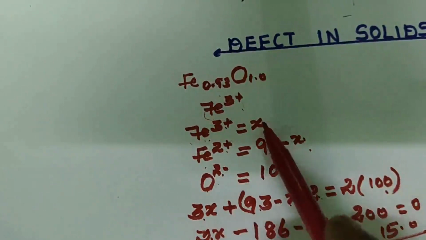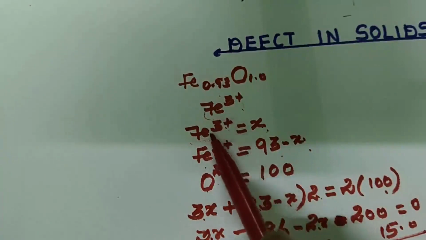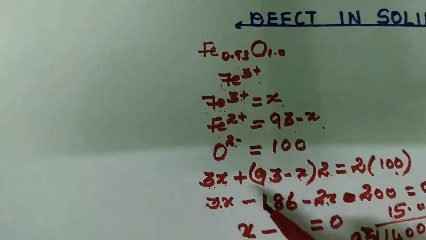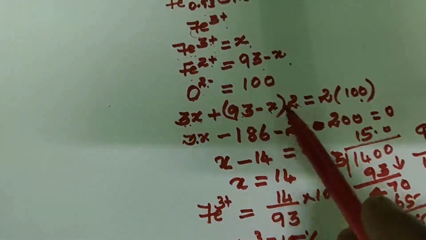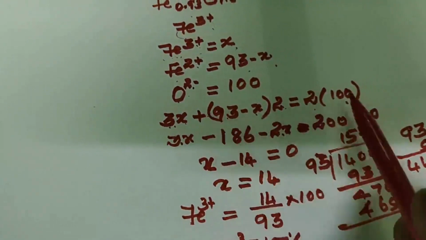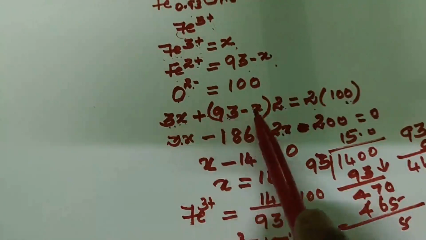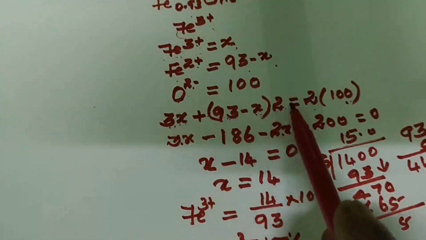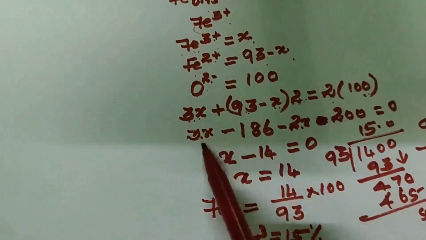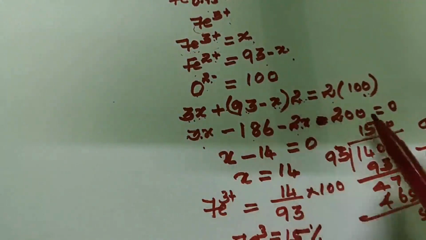Fe3+ has oxidation state plus 3, so 3x plus (93 minus x) into 2 is equal to 2 into 100, since cation charge equals anion charge. So 3x plus 186 minus 2x minus 200 equals 0.